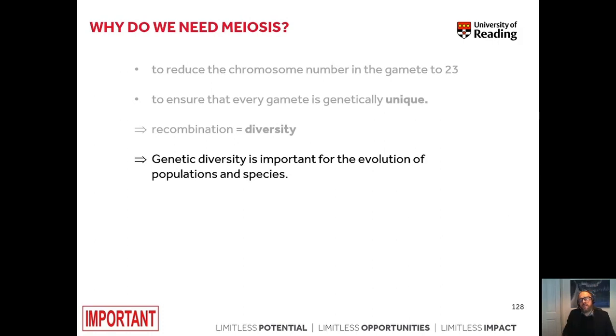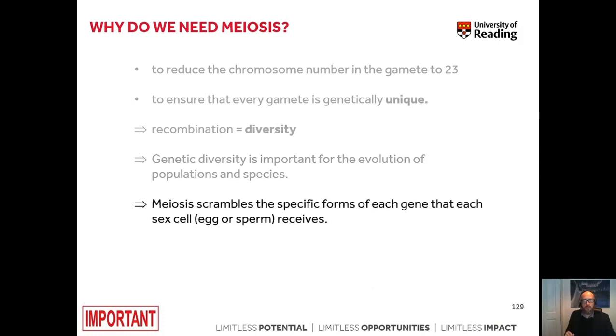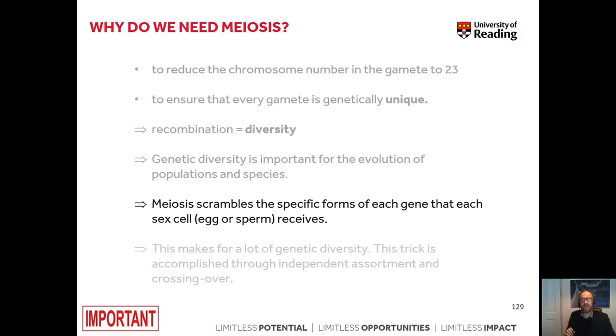Humans are exposed to a variety of new and old disorders, and diversity ensures that some of the individuals within a population might already have immunity to a newly occurring disorder. So meiosis scrambles the specific forms of each gene that each sex cell receives.